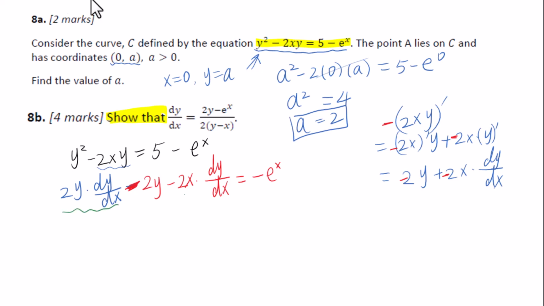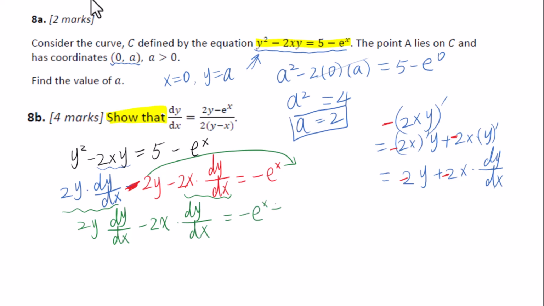So we have 2y dy by dx minus 2x times dy by dx equals negative e to the x power plus 2y. Then we take dy by dx out: (2y minus 2x) times dy by dx equals 2y minus e to the x power.